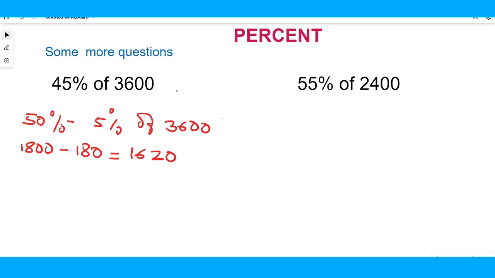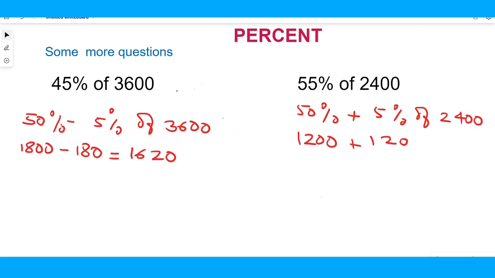Similarly, we go to the next question, that is 55% of 2400. Now we will do it as 50% plus 5%. 50% plus 5% of 2400 is 1200 plus 5% is 1/10 of 50%, and thus 5% of 2400 is nothing else but 1/10 of 1200, that is 120.